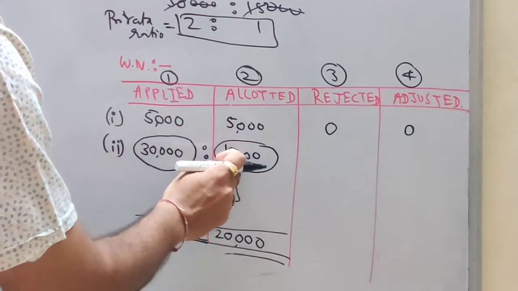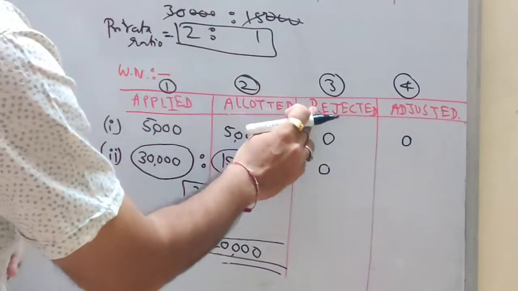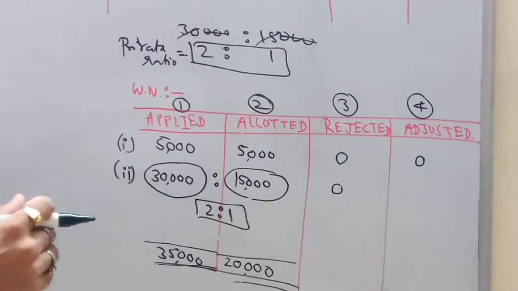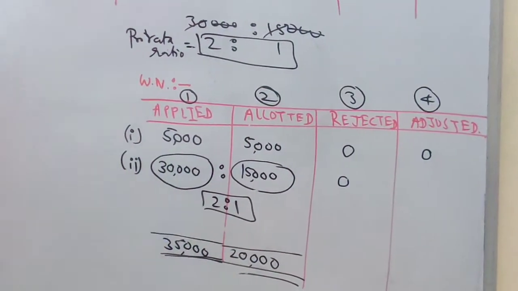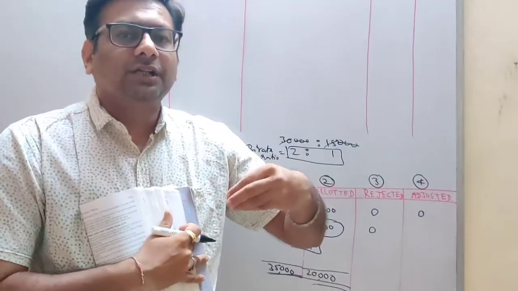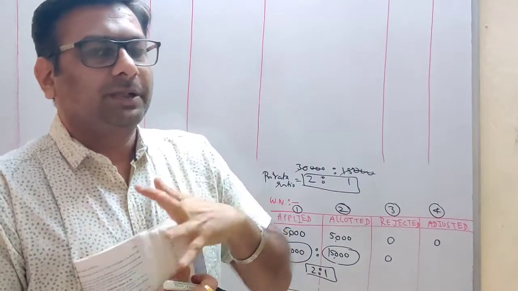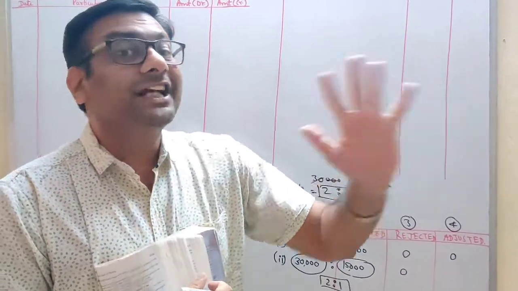Whenever it is a partial allotment, don't write anything in rejected. When to write in rejected? When we are not giving them any shares. Take one example. Suppose one of the shareholders has applied for 1,000 shares and we haven't given any allotment to him. That is completely rejected.